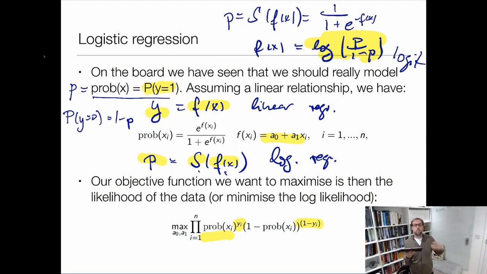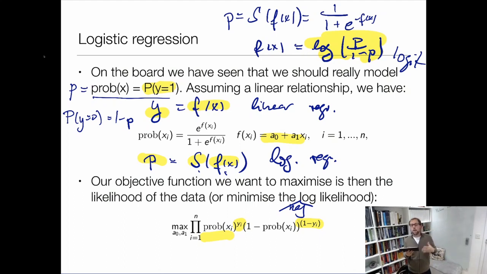And all I want to do is now maximize the likelihood, which we know is the same as maximizing the log likelihood or minimizing the negative log likelihood. So it should say negative log likelihood here. This is how you can mathematically do it.